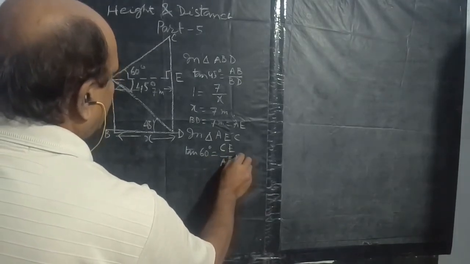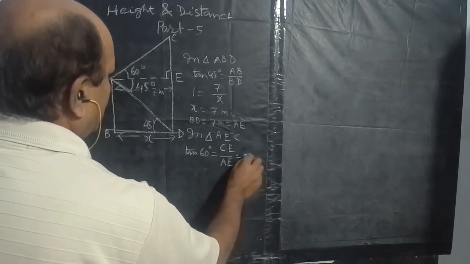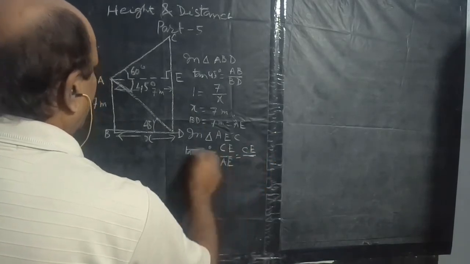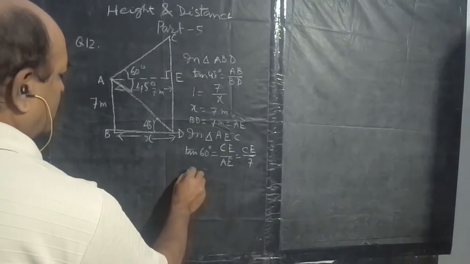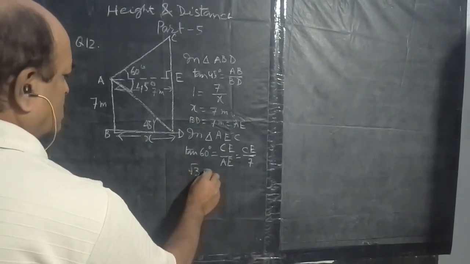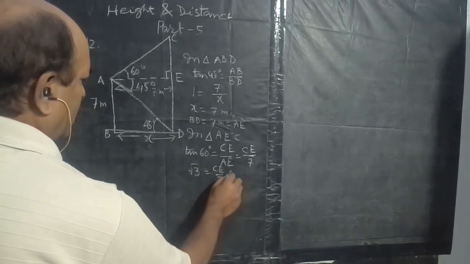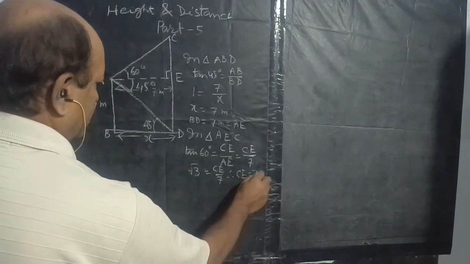Okay, now CE, that we don't know. So we take CE only, and AE is 7. Tan 60 degree is √3. So CE upon 7 equal to √3, therefore CE is equal to 7 √3.